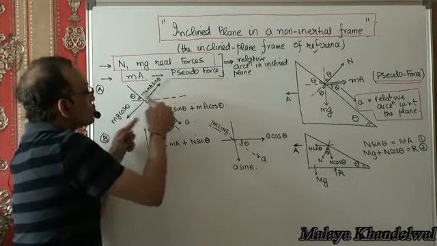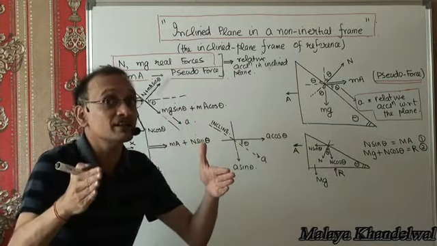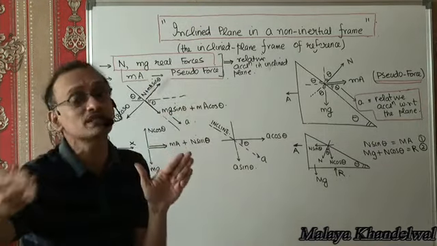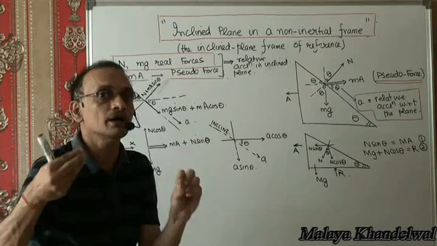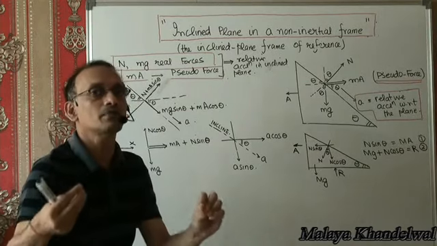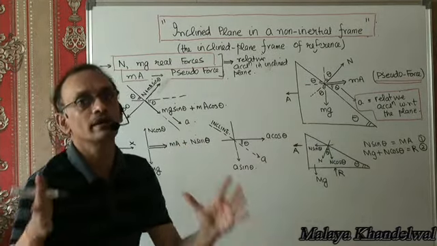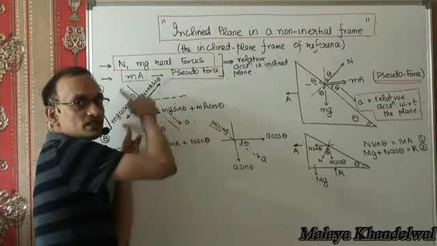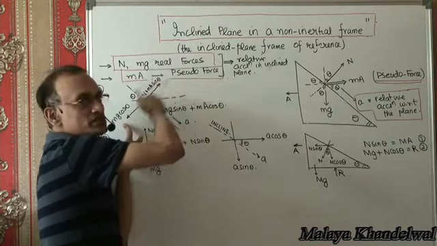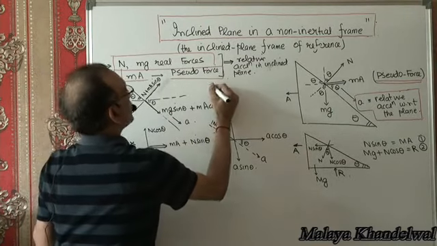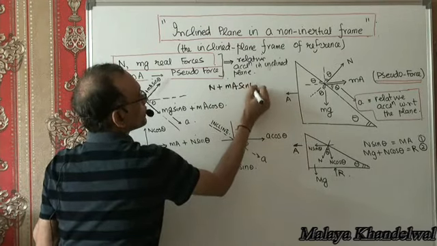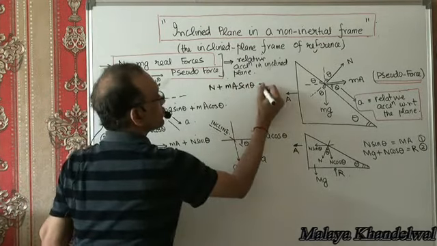Now, these forces will give me relative acceleration. But the relative acceleration of small m perpendicular to the plane has to be 0, keeping in mind the wedge constraint, the condition so that small m maintains contact with capital M. So net of all forces in this direction has to be 0, because there is no relative acceleration in this direction. So very clearly, N plus ma sin theta must just about balance mg cos theta.